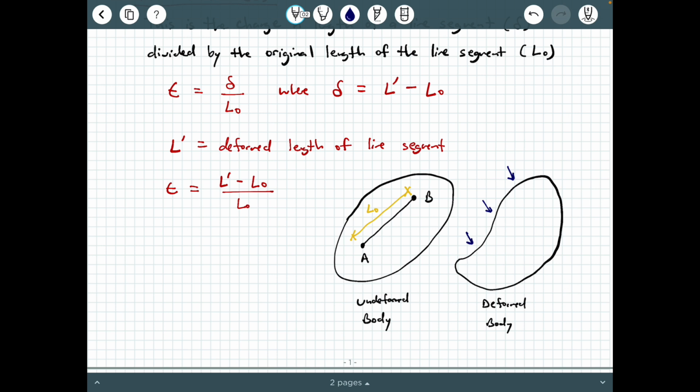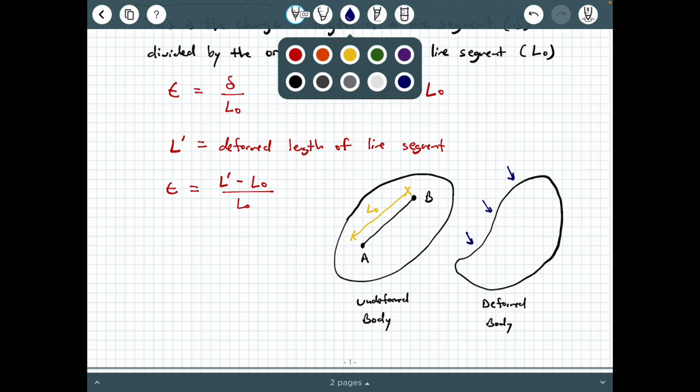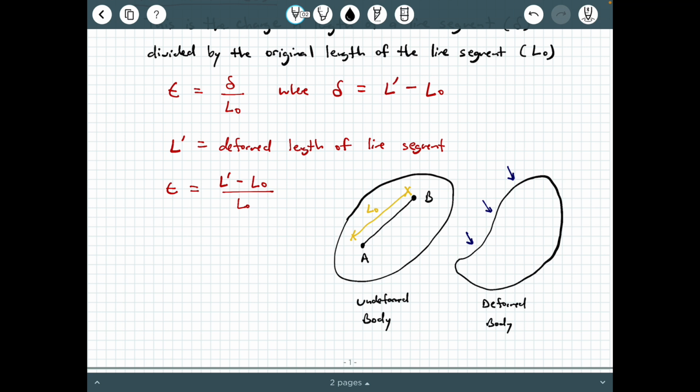And now that the body is deformed, what shape is that line segment going to be? Well, it's going to be some other shape now, okay? So maybe B is going to be at a new place called B prime, and let's say A is going to be at a new place called A prime, and this line segment is now a different shape.